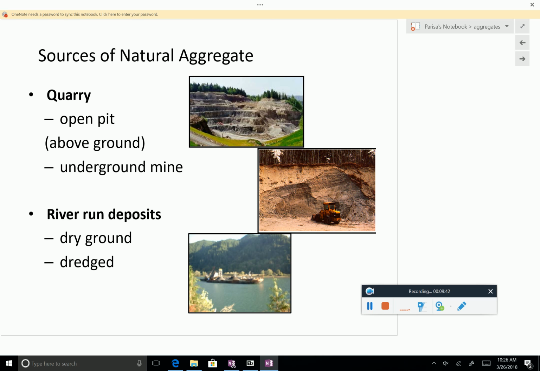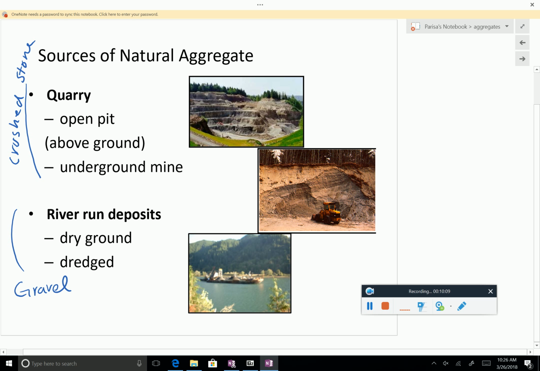From quarries, especially the underground ones, you typically get crushed stone. And here you typically get gravel. And it turns out that if you get gravel from rivers, because they have been tumbling in water, they're much rounder. I mean, you have seen rivers.